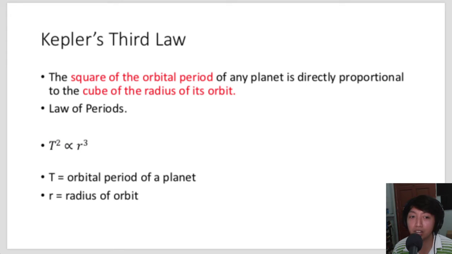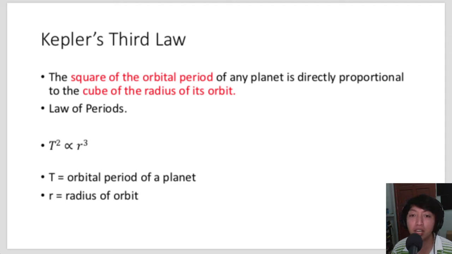The bigger the radius of the orbit, meaning the further away the planet is from the sun, of course it makes sense that it will take longer for this planet to go around the sun because it has more distance to go around. But it's actually an exact relationship. The cube of the radius is directly proportional to the square of the time, the orbital period.